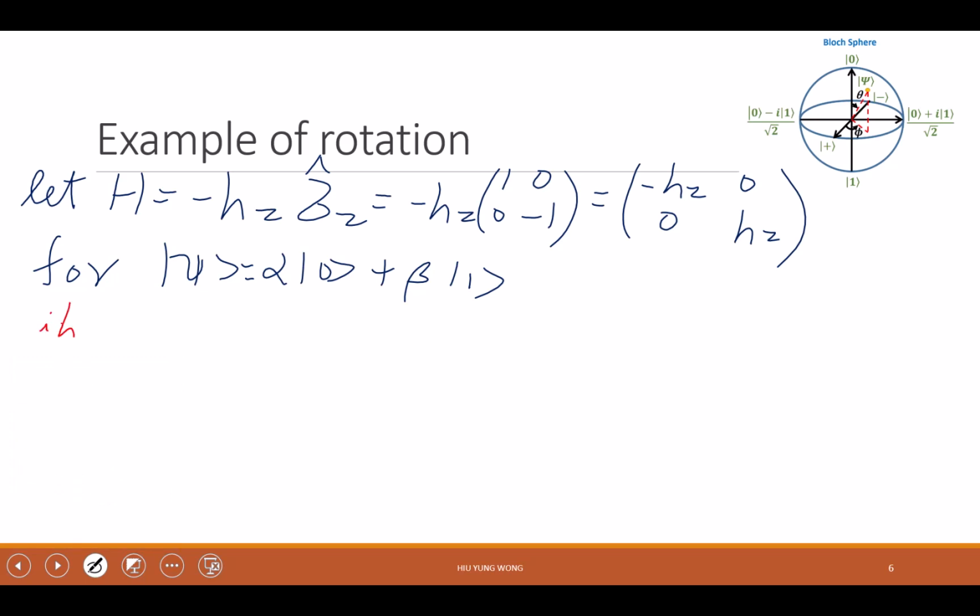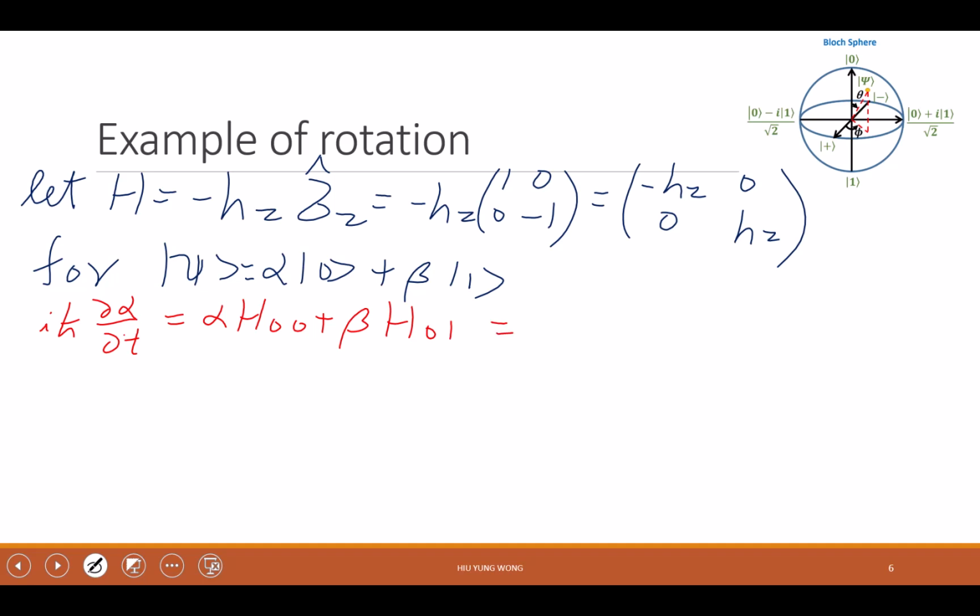I h bar partial alpha partial t equals alpha h00 plus beta h01.